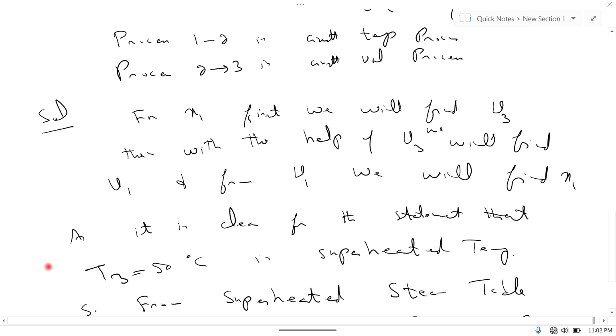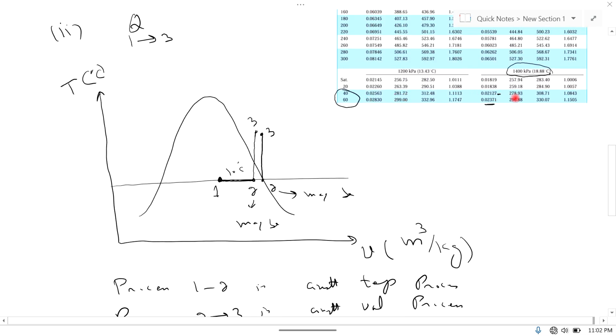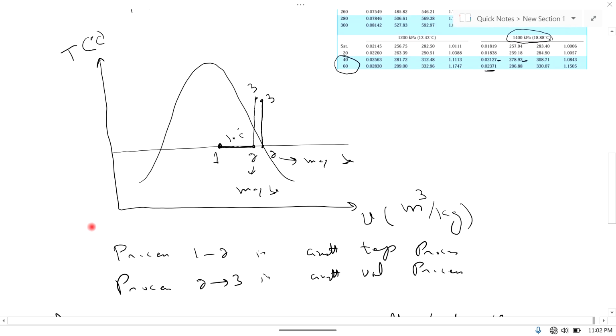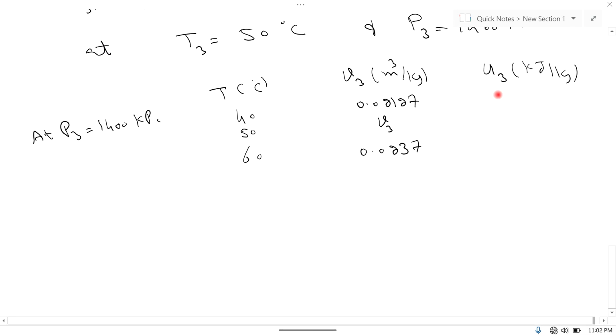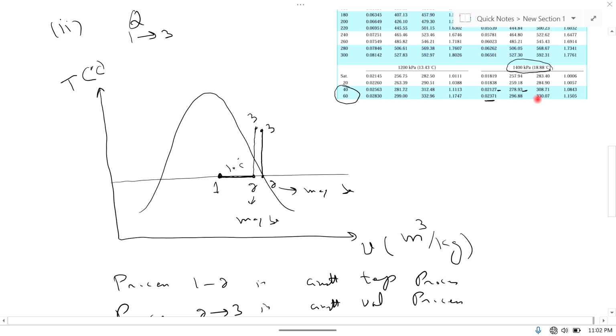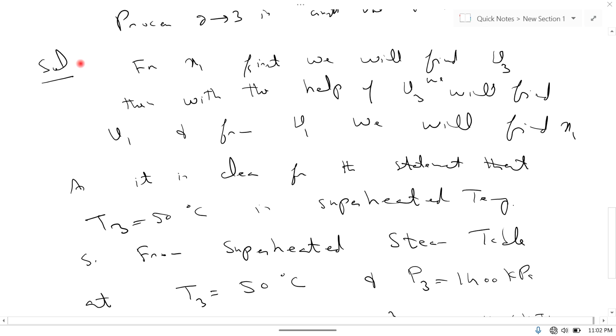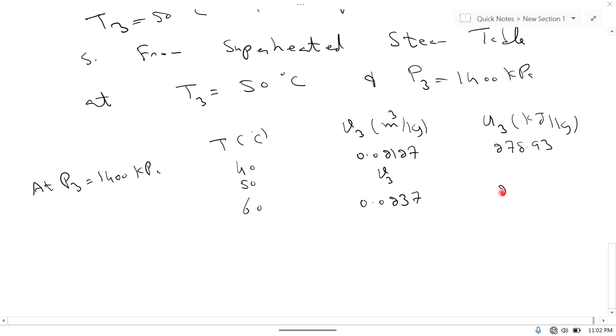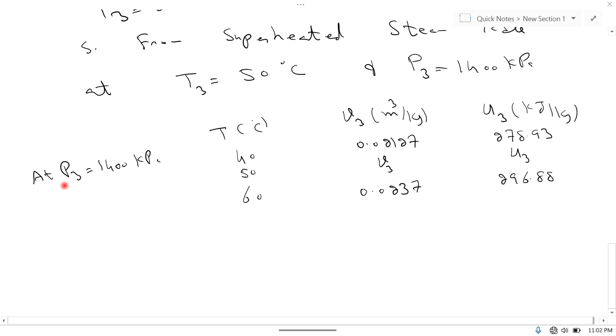Similarly, in front of 40 degrees centigrade and below 1400 kilopascal, internal energy is 278.93, and in front of 60 the internal energy is 296.88 kilojoule per kg, and we have to find U3 here.